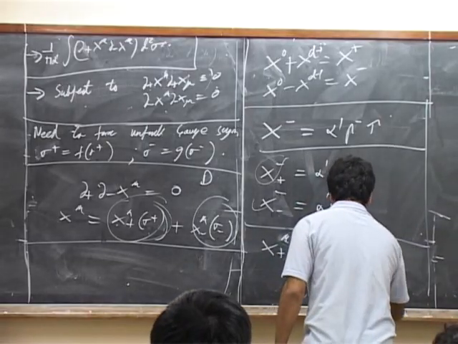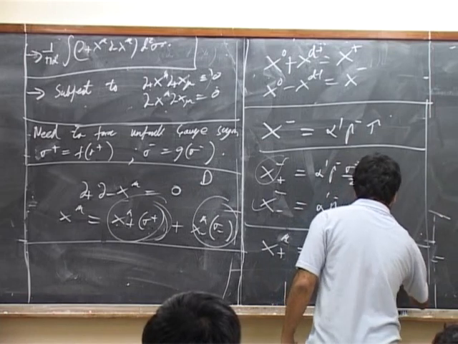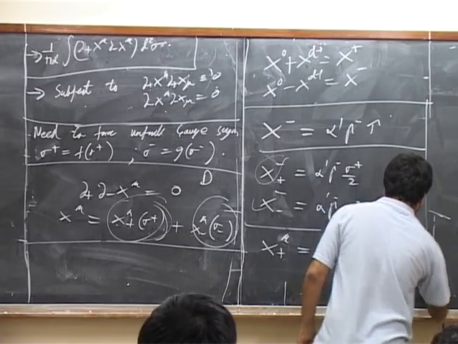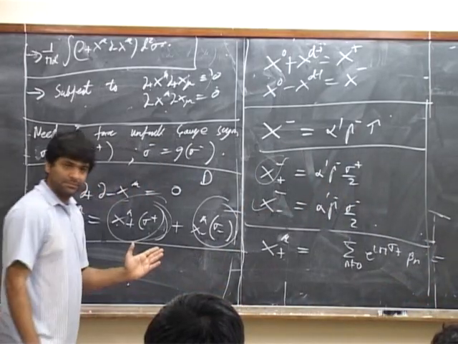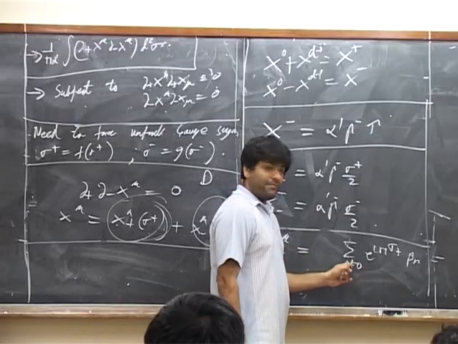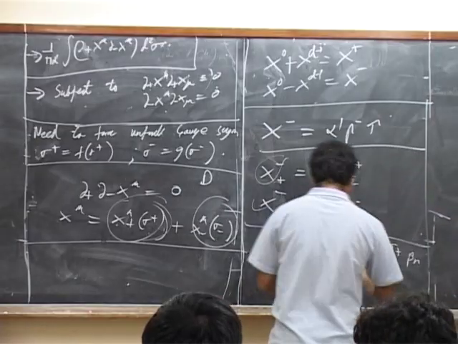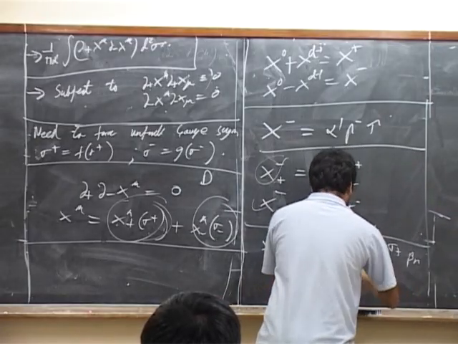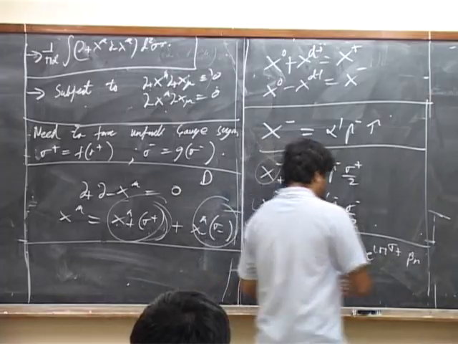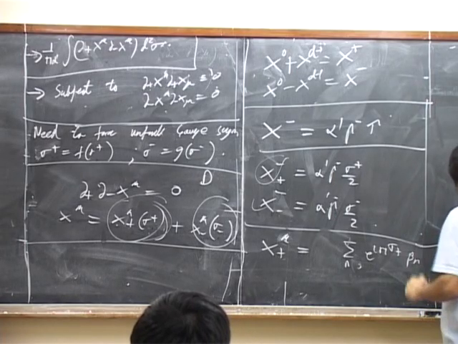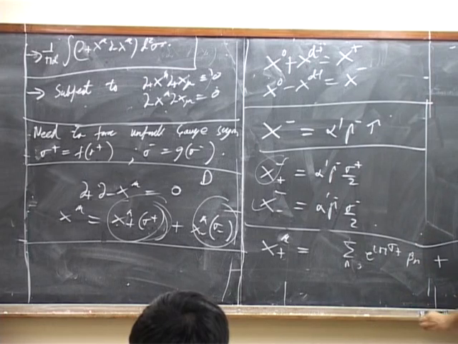So we could write this as a sum over n not equal to 0 of e to the power i n sigma plus times some number, let's say beta to the power n. Now, in addition, of course we don't need n not equal to 0 to be constant, that's fine. So, sum over all n. But there's one more thing we can do that also solves the equations of motion. And that one more thing that we can do is to add to it a constant times sigma plus.